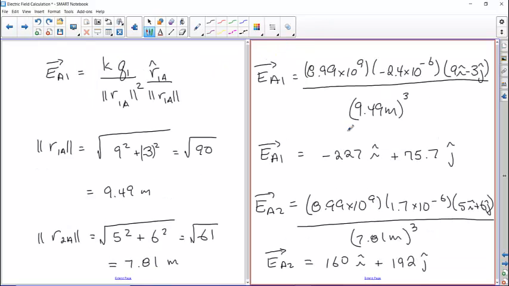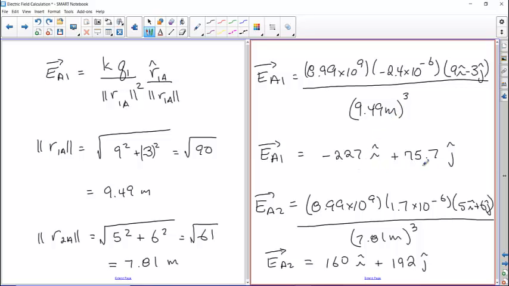So now we just plug it in. Here's Coulomb's constant. Here's the charge. Charge 1 is negative 2.4 times 10 to the minus 6 coulombs. So we convert micro into scientific notation, then multiply by the vector r1a and divide by the magnitude cubed.